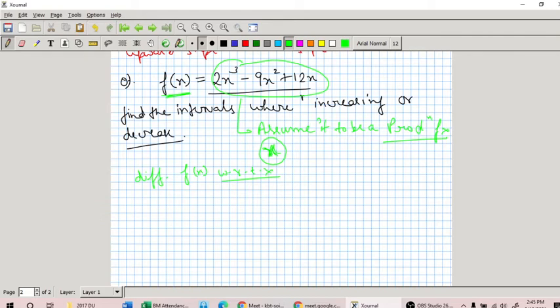So we will differentiate this function and we will get f dash x would be 6x square minus 18x plus 12, and we can simplify this as 6 times x square minus 3x plus 2.